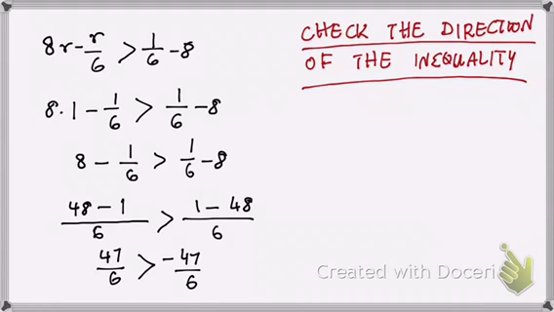On the right hand side, you will get 1 minus 48 divided by 6, that is negative 47 divided by 6. If you have any questions about how to solve this, I'm just going to do it on the right hand side.